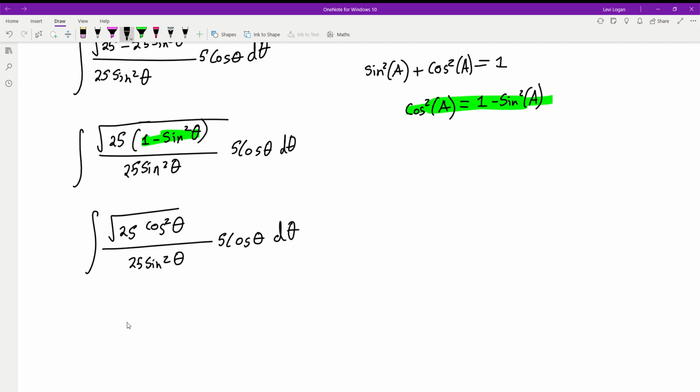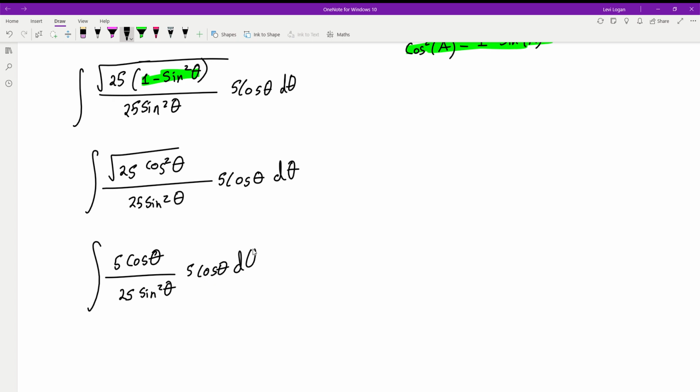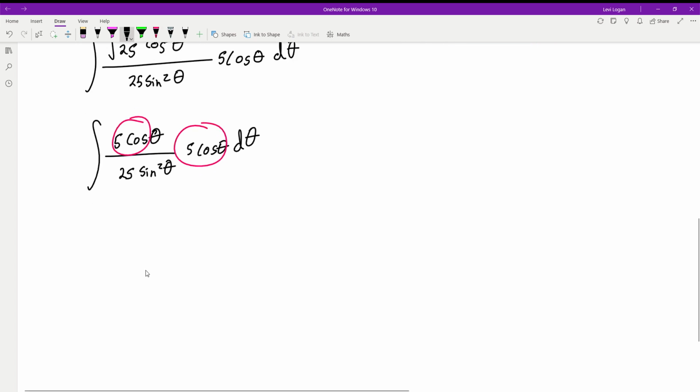Okay, we can apply our square root now, so we'll have the integral of 5 cos theta on 25 sine squared theta, 5 cos theta d theta. We can multiply this guy and this guy together, so we'll have on the top the integral of 25 cos squared theta on 25 sine squared theta d theta.